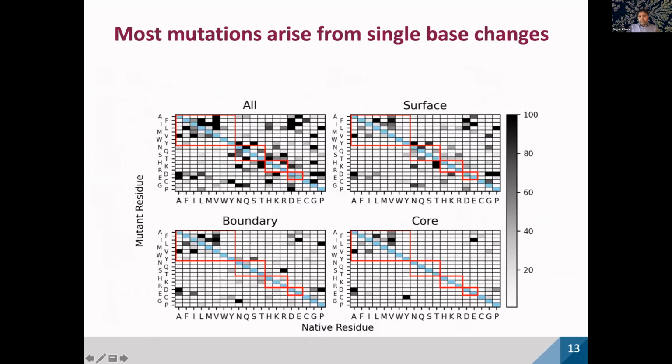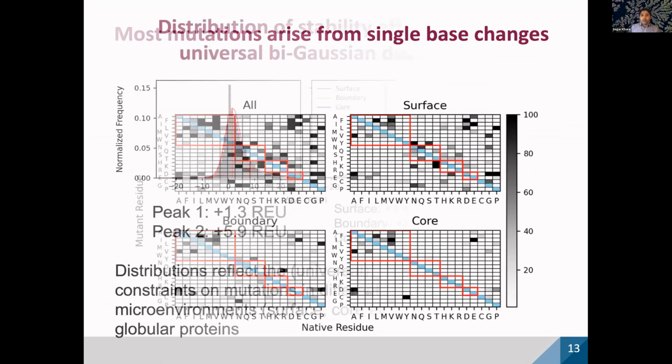So you can see that hydrophobics change a lot to other hydrophobics, as might be expected, because these sequences are from viruses that have survived. So we expect that all their proteins are still functional, and therefore these changes are conservative. But a large number of changes are also non-conservative. And in most cases, we can explain them by the fact that the structure of the genetic code makes some of these changes much more likely than others, even though they are non-conservative.